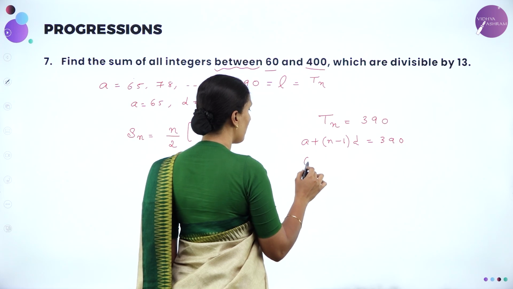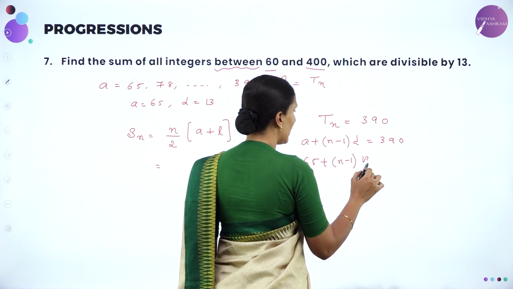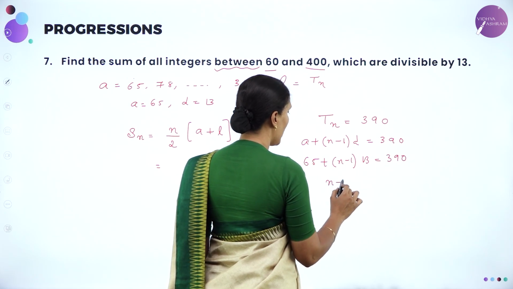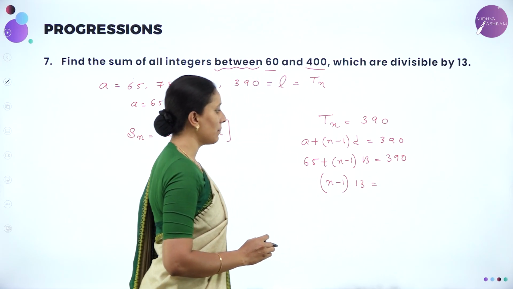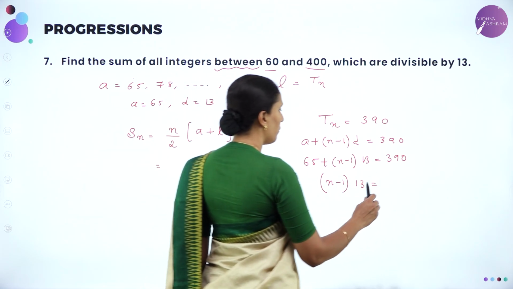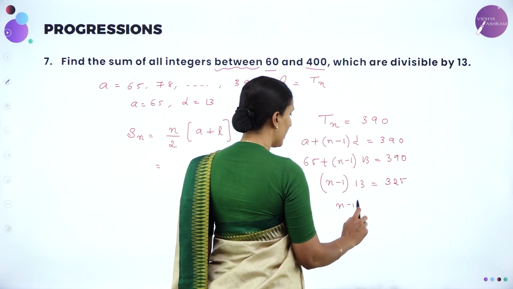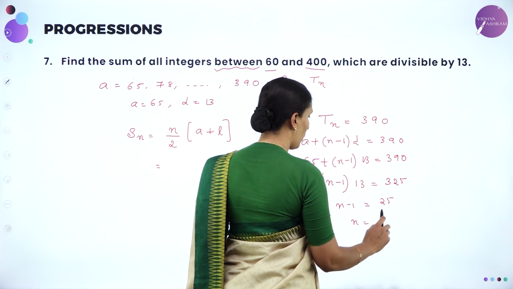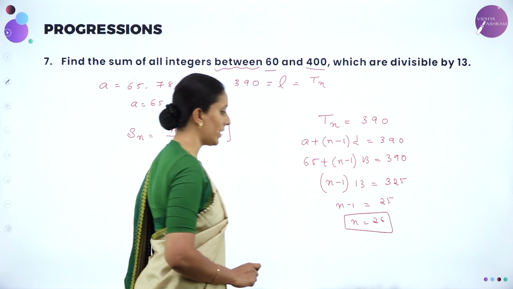Now A is given 65, n minus 1, D is 13 because the common difference is 13. So n minus 1 into 13 is equal to 390 minus 65, which is 325. Then when you divide this by 13, this is equal to 25, and n will be equal to 25 plus 1, 26. So the value of n is 26 here.